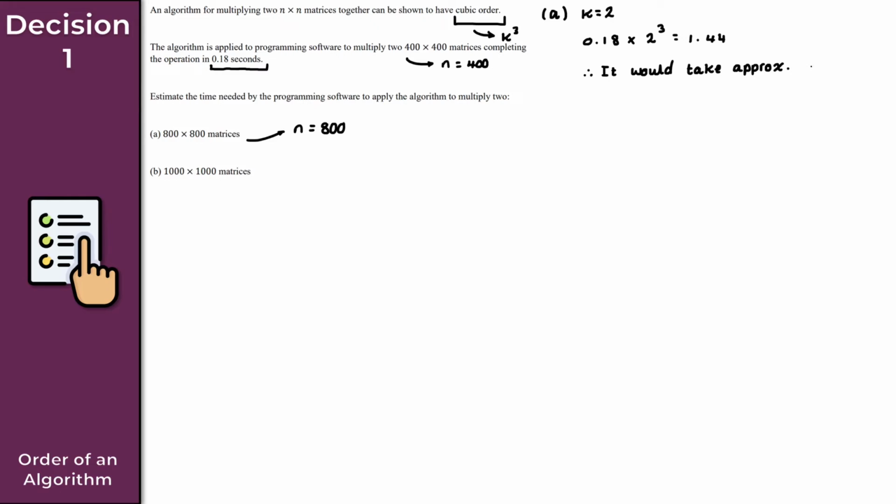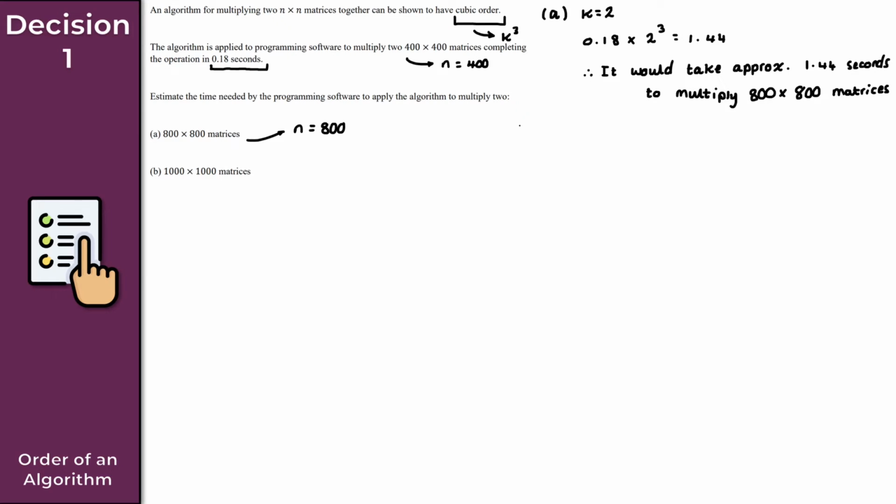It would take approximately 1.44 seconds to multiply 800 by 800 matrices. Okay, so there we have it then. Hopefully nice and easy just to get us started. That gives us the solution to part A.